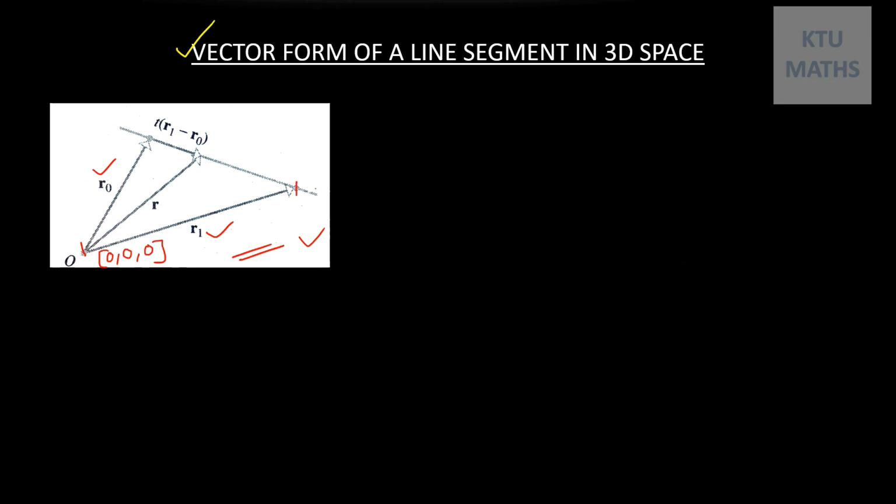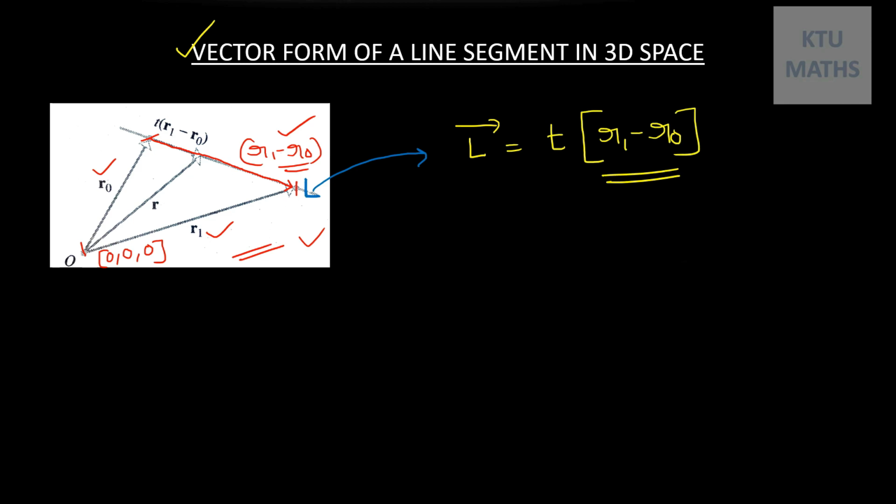We have two terminal points and we can find the vector that joins the two terminal points and the direction up to R1 as R1 minus R0. This line segment, please look here, the vector form of the line segment can be written as scalar multiple into the vector that we have got here.